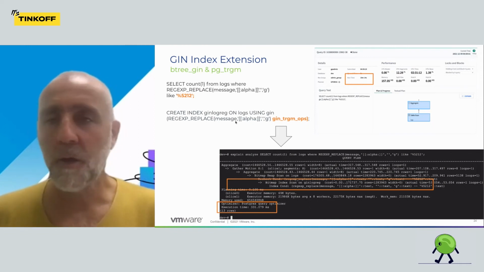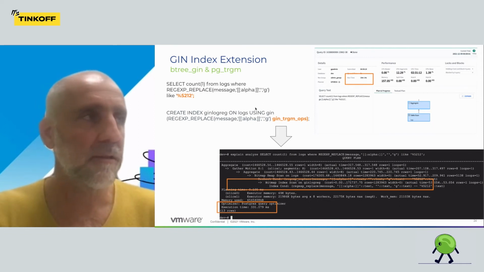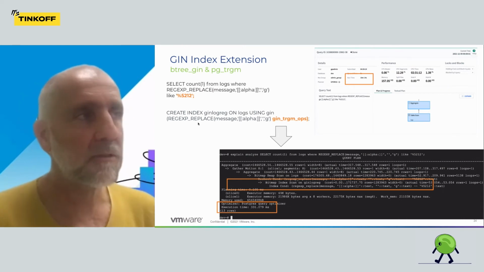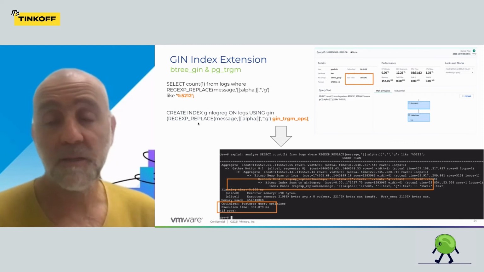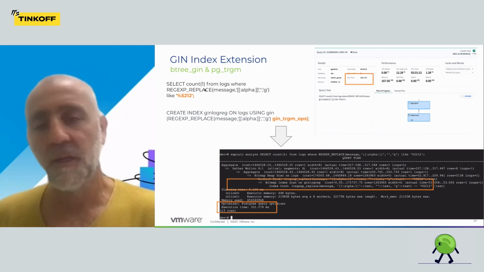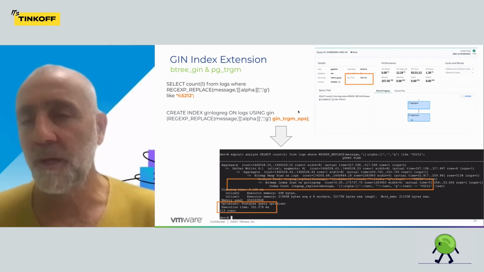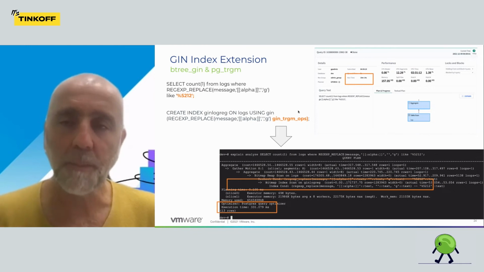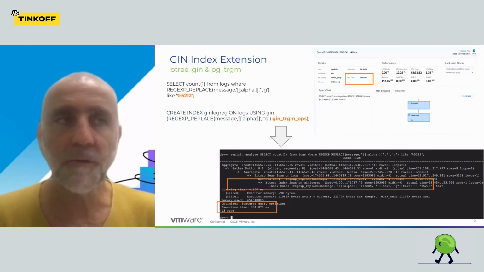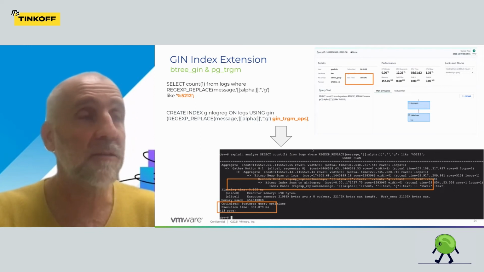So what I have done, I created an inverted index. You know that in Postgres, and that's also something very, very good, you can create an index on an expression. So I created exactly the same expression as I have in my query, and I used a new operator. And this is the operator that we are planning to support in the beginning of 2022. So I created the index, and then I ran exactly the same query.